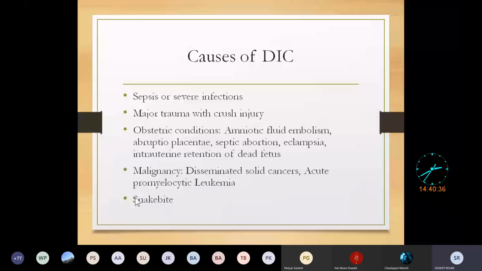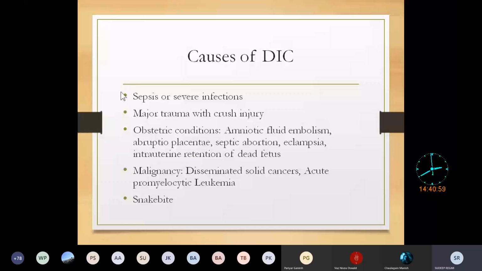So we had talked about septic shock, right? In the previous block, we had talked about septic shock in first semester. That's why it is a very, very important chapter. And during that, we talked a lot about DIC.